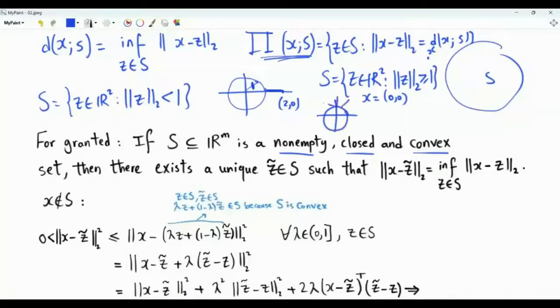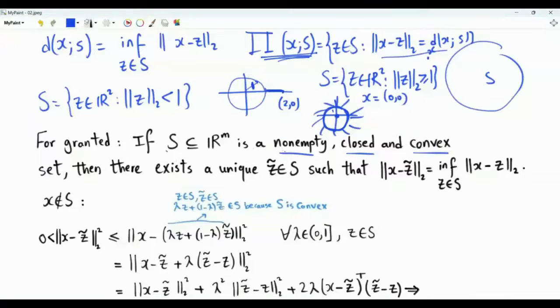In this case, this is the set S. And here is x. What is the distance? The distance is 1. And all the points on this circle with radius 1 are points in S that satisfy this relationship. The distance between x and z is equal to 1. So the projection set may be empty, or it may contain infinitely many points in set S.